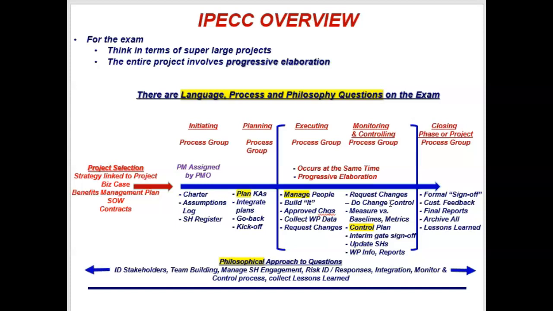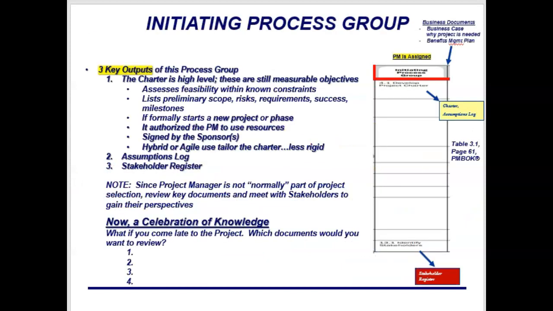And I'm out to control the plan by measuring against the baselines and any other metrics. And then, of course, I'll close the project or phase, getting formal sign-off, customer feedback, doing final reports, archiving everything, and doing lessons learned, asking the customer for feedback.